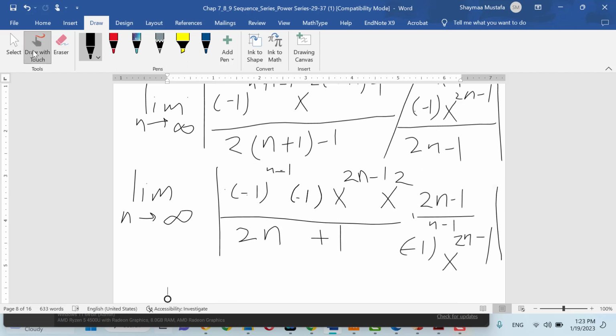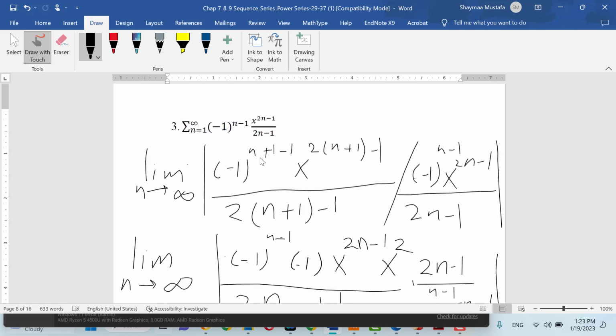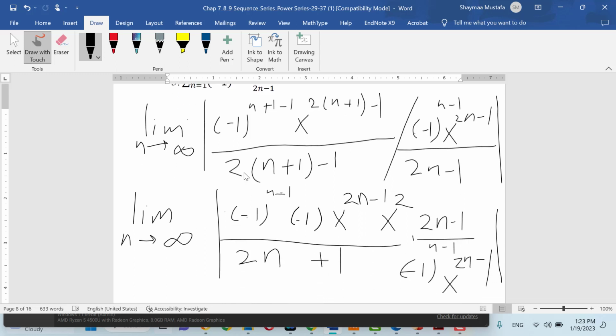Before eliminating the terms, minus 1 to the power n plus 1 minus 1 is minus 1 to the power n times minus 1. x to the power 2n plus 1 minus 1 is x to the power 2n minus 1 times x squared, over 2n plus 2 minus 1, which is 2n plus 1.